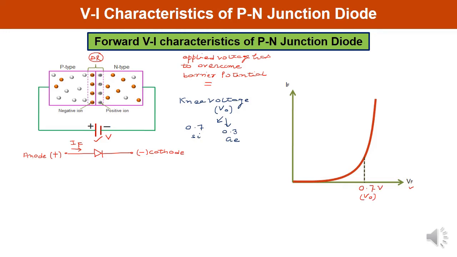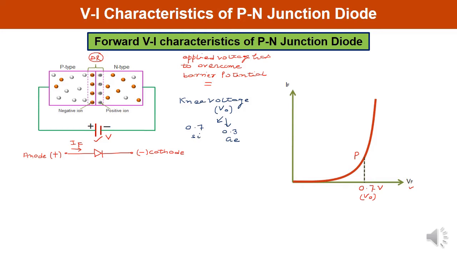This diode conducts poorly, meaning a very small amount of current flows, and after this particular point the diode conducts heavily, because once the applied voltage has overcome the barrier potential, the current will increase. Up to this point it conducts very poorly.